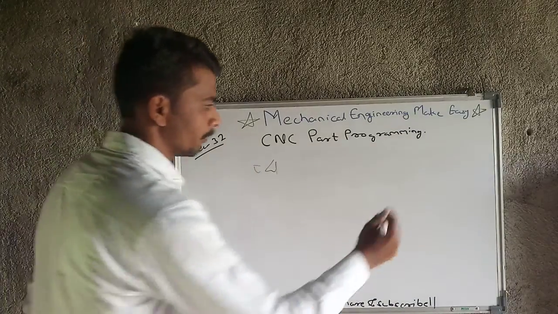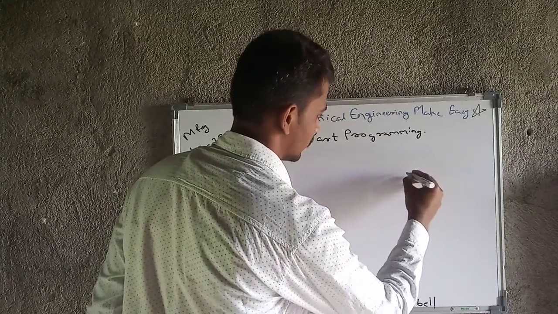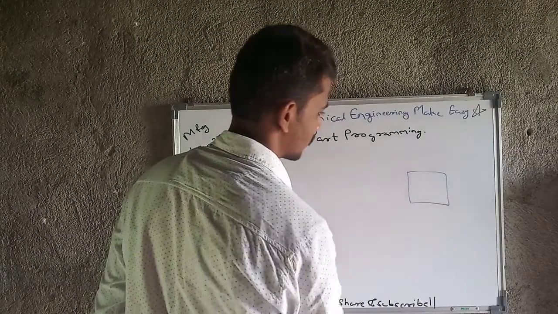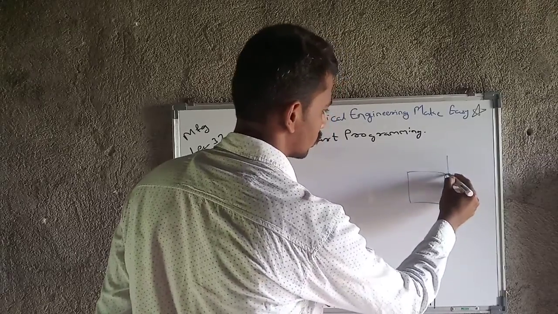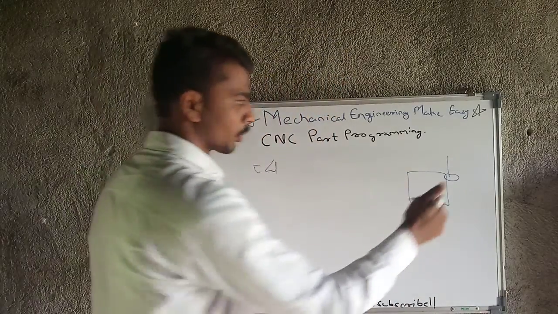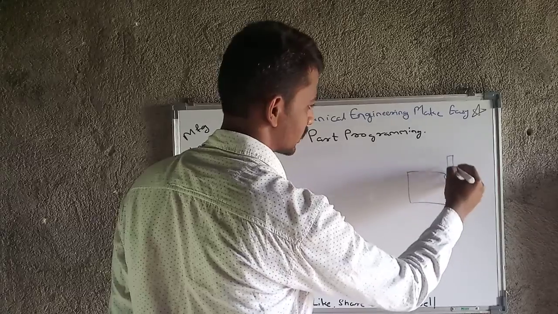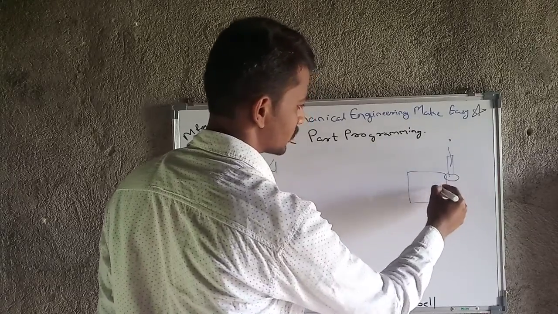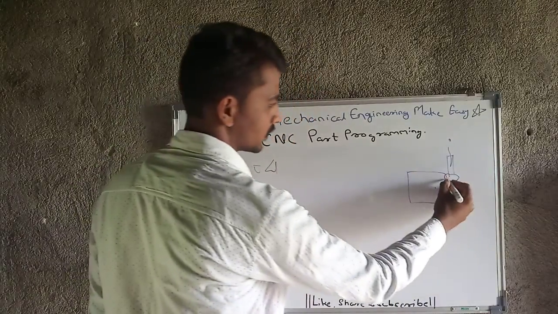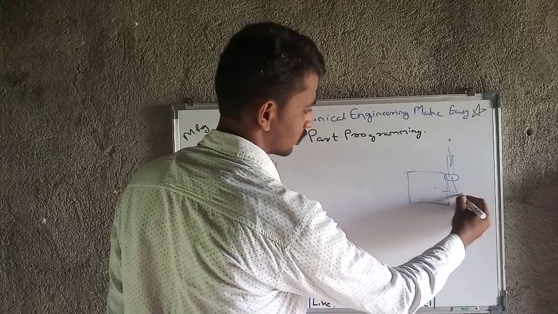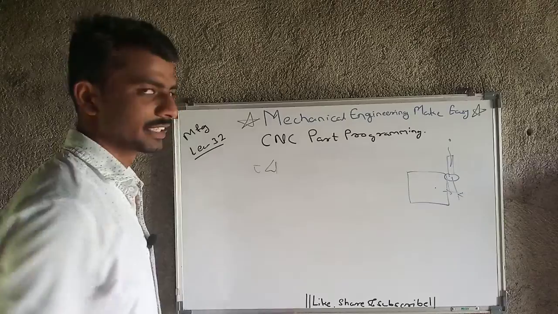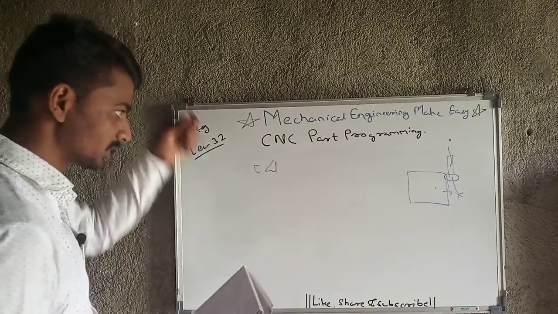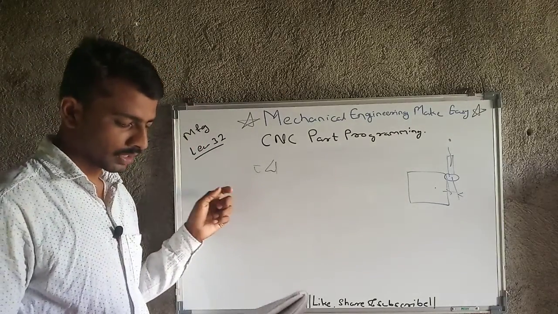In the case of milling, for example, here is the milling operation. What happens is we provide all the coordinates for this shaft and this workpiece. But what about this milling cutter radius? For that purpose we have to compensate, and for that purpose there are two codes, G41 and G42.